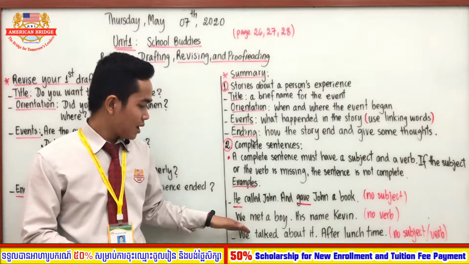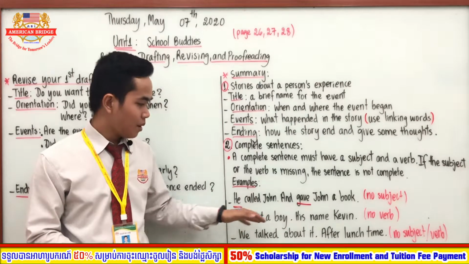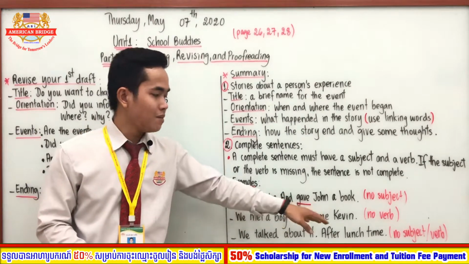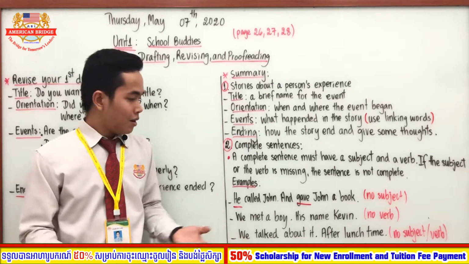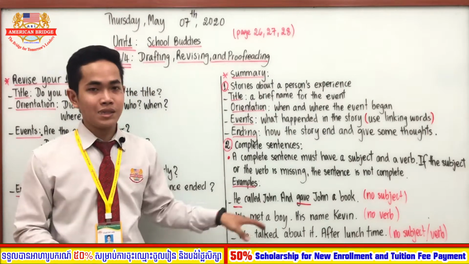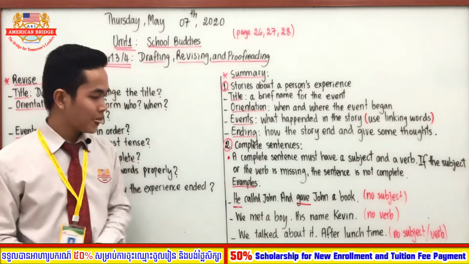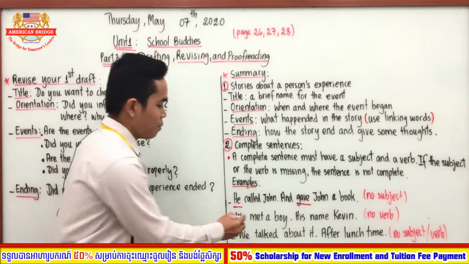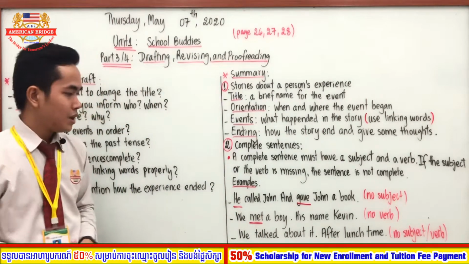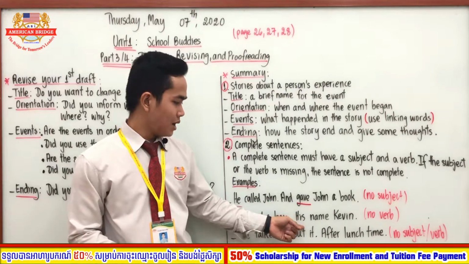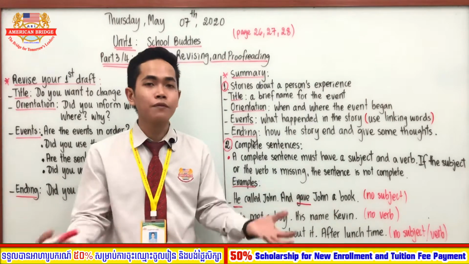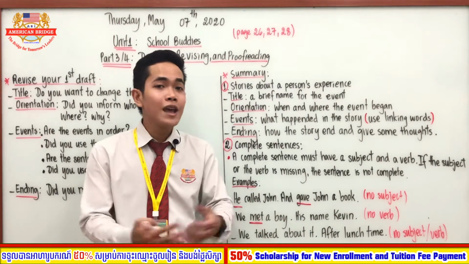Good. Next sentence, we met a boy. His name Kevin. So which one is the verb in these sentences, everyone? Look at the first sentence. Met is the verb. In the second sentence, his name Kevin, do we have a verb or not, everyone? We don't have a verb, right?